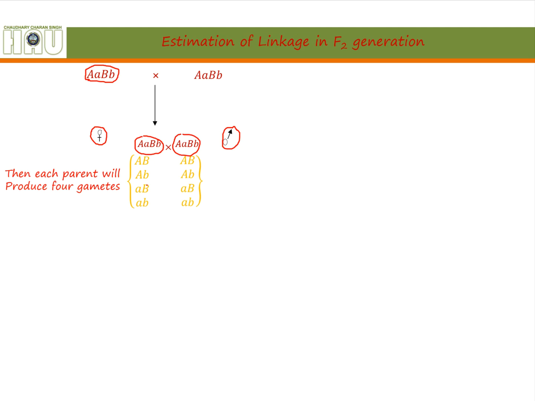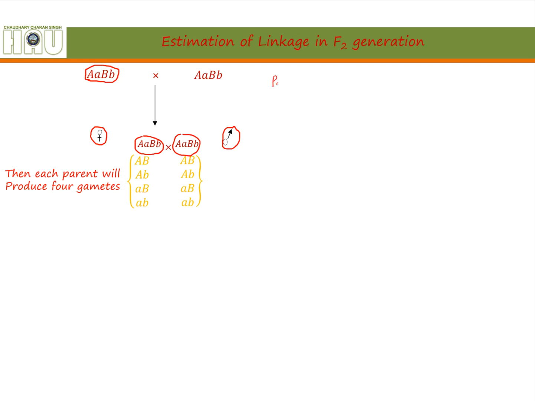And if I consider this as female parent and this as male parent, their recombinant fractions are represented by say PM or PF.